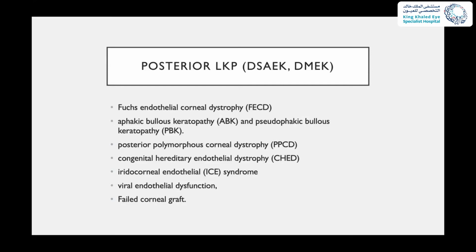Also in cases of viral endothelial dysfunction and sometimes post-failed corneal grafts. If you have a failed PK that was optically functioning well, then you can perform DSAEK instead of repeating the PK.